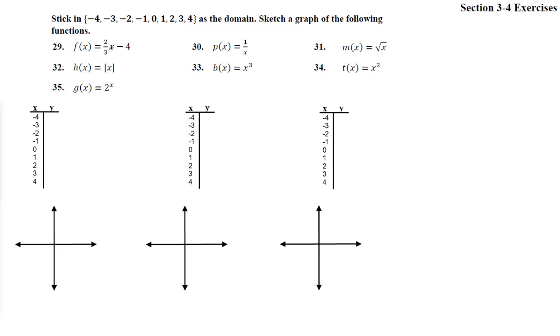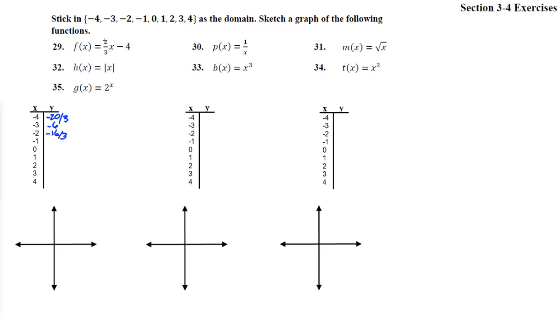So if we stick in -4 for x, 2/3 times -4, that's -8/3, minus 12/3 is -20/3. If we stick in -3, 2/3 times -3 is -2, minus 4 is -6. -2 goes in there, and it's -4/3 minus 12/3 is -16/3.